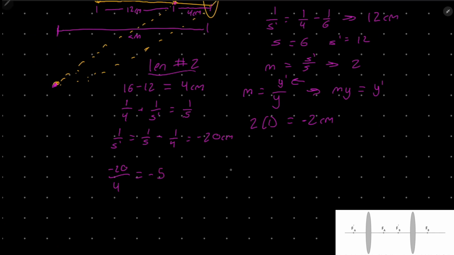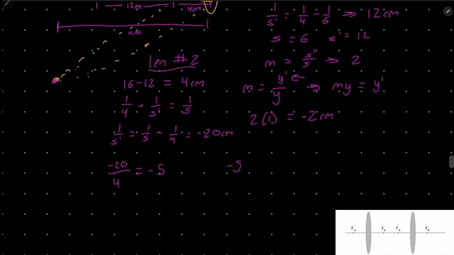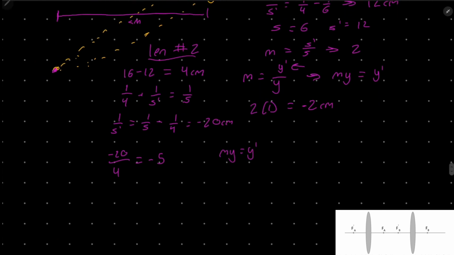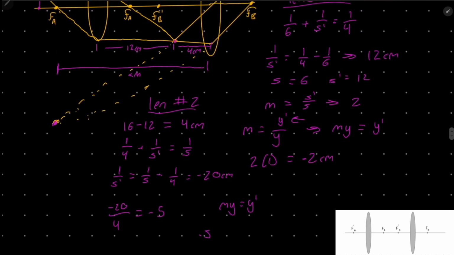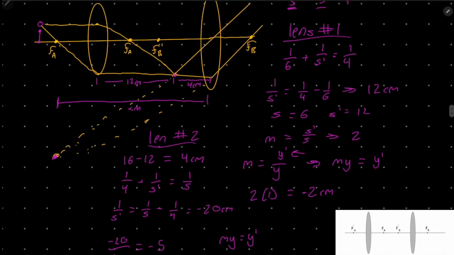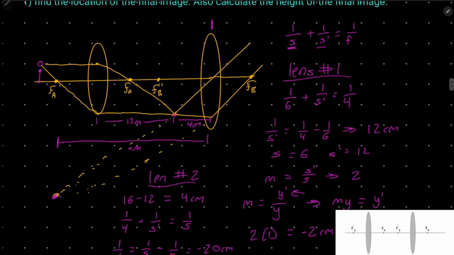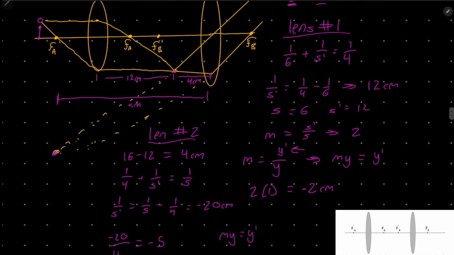So we can then take this negative 5 and plug it into our formula to find the height, which is, remember, m y equals y prime. So we have negative 5, and then our initial height was the height that we found from lens 1. Where was that?